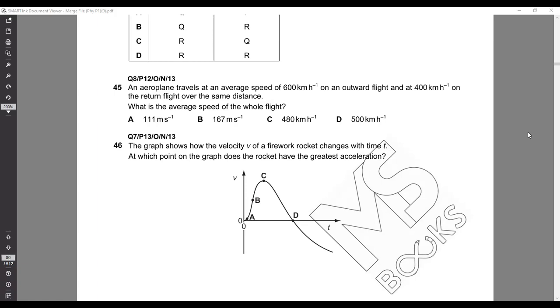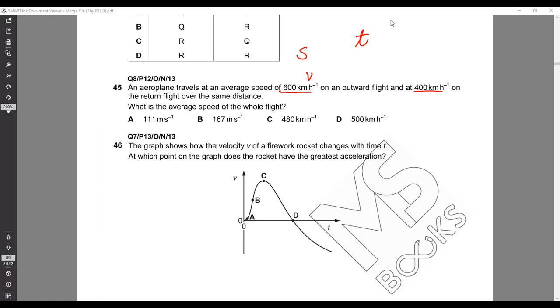This question is a little tricky because you need to work out the total distance and the total time. So you call the distance any distance s. This is the speed. So what is the time?